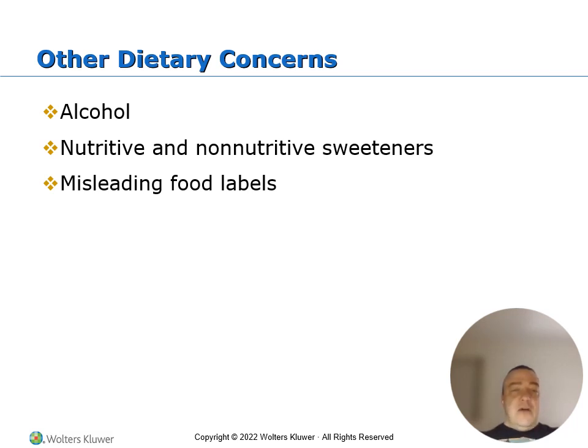Alcohol, you know, beers and wines are very high in sugars and carbs. And your brown liquors are based on things like tequila. That's an agave, kind of a sugar plant, a weird looking plant.